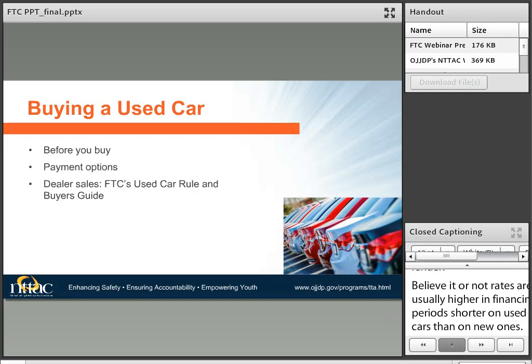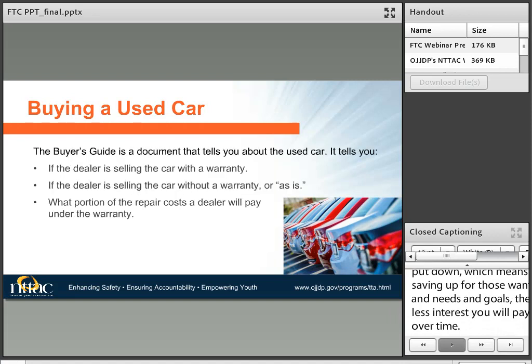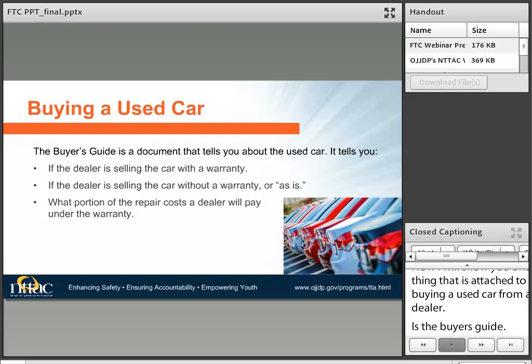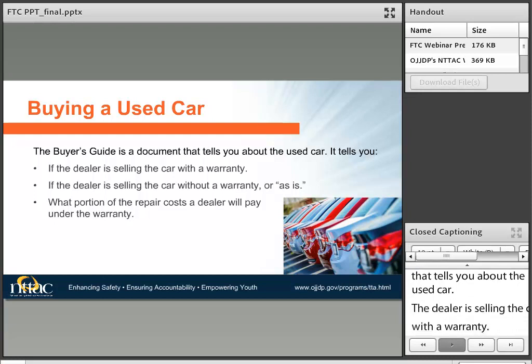Okay, so now I'm going to show you one thing that is attached to buying a used car from a dealer: the buyer's guide. And this is a document, as you can see on your screen, that tells you about the used car, that the dealer is selling the car with a warranty, if the dealer is selling the car without a warranty or as is, and what portion of the repair costs a dealer will pay under the warranty.